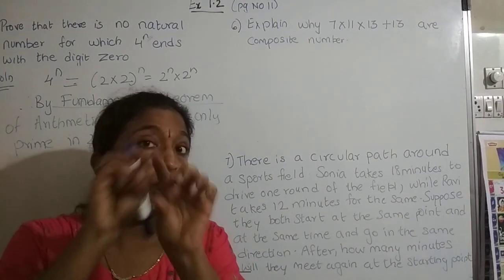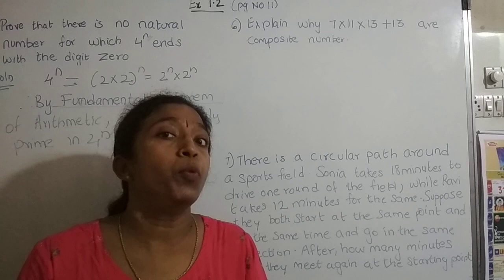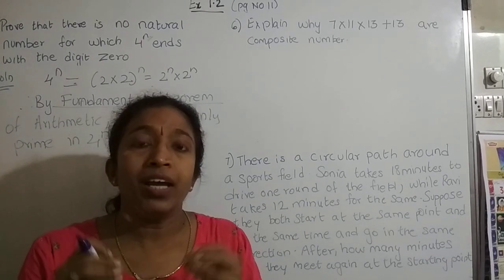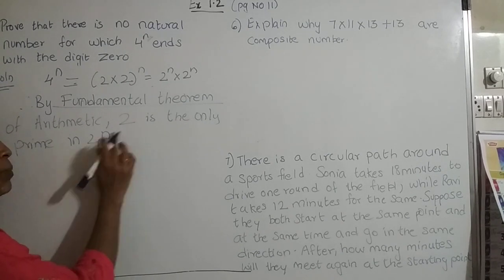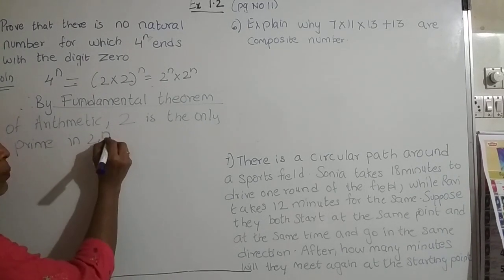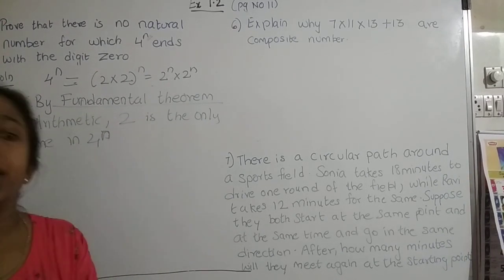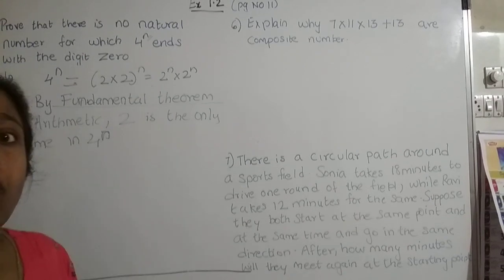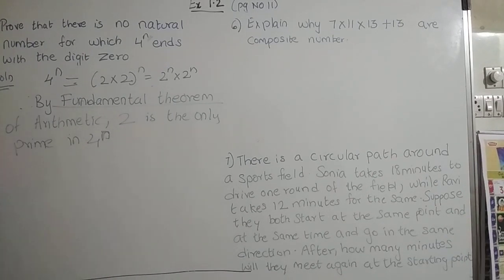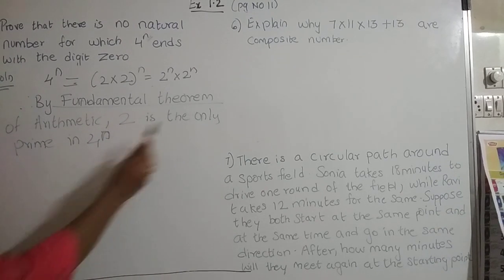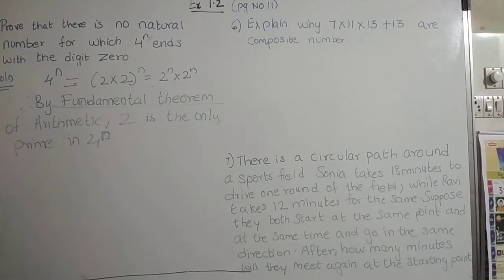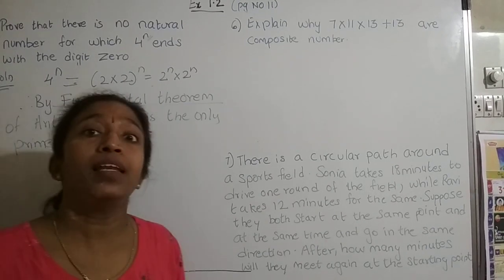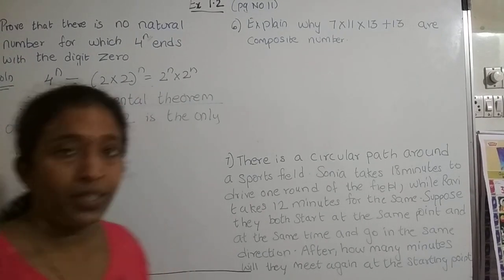You will lose half marks if you don't write it. So the important role, as I said that day, by the fundamental theorem of arithmetic, 2 is the only prime in 4 raised to n. Therefore, if it is the only prime in 4 raised to n, we cannot have any other prime other than 2, correct?